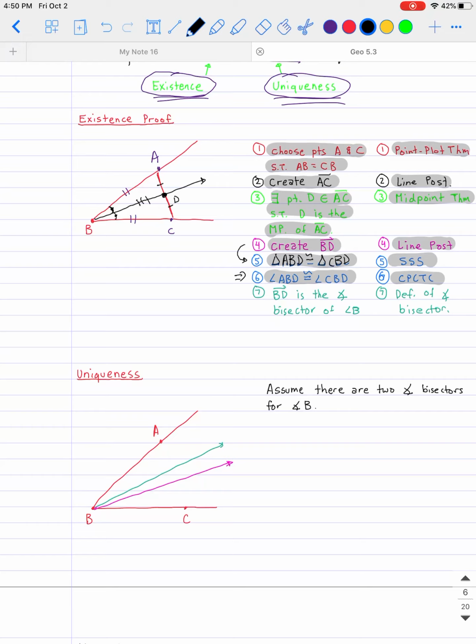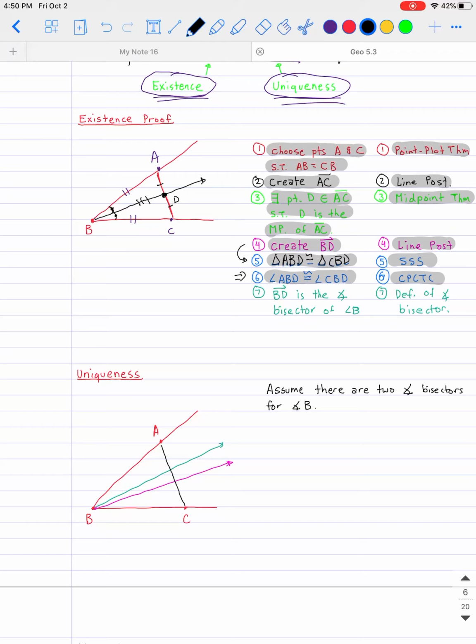I'm not going to write out the entire proof because that's going to be a little bit too lengthy. Let's do this. Since there are 2 angle bisectors, that means that I can choose some points on the angle bisector. Let me first form AC just like I did in the previous proof.